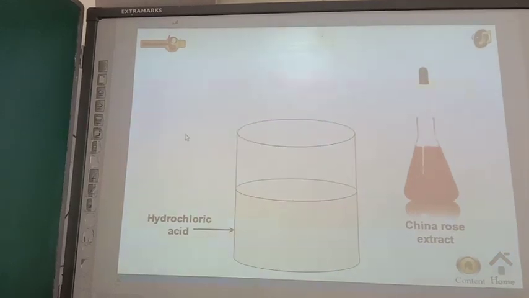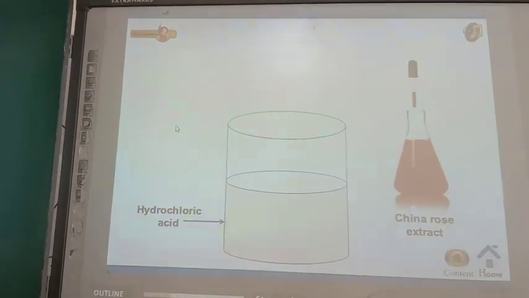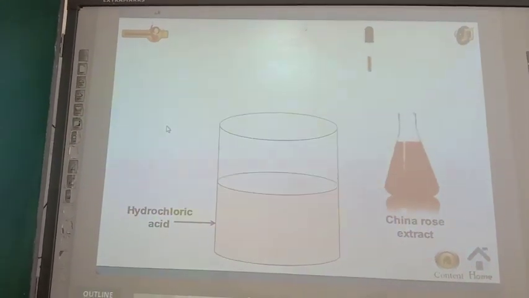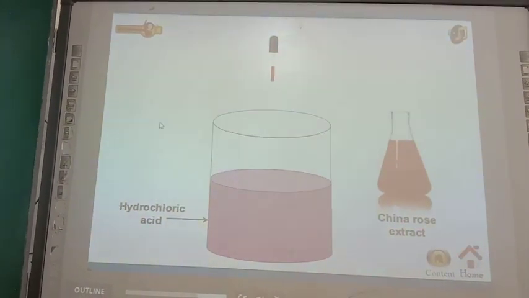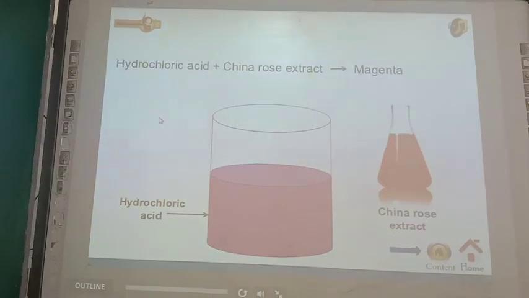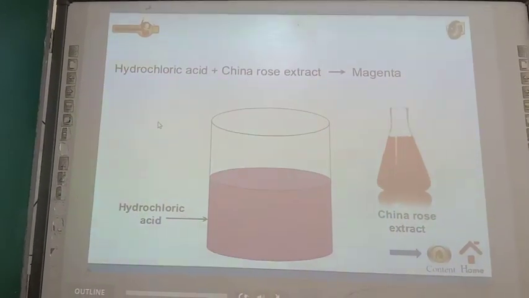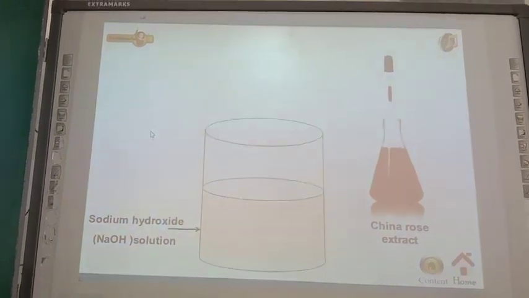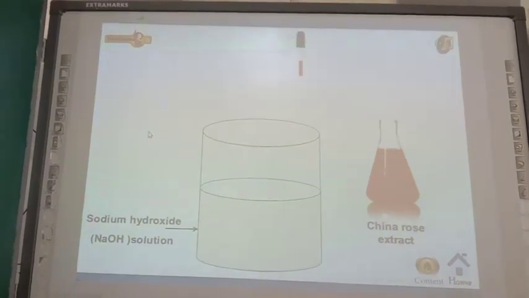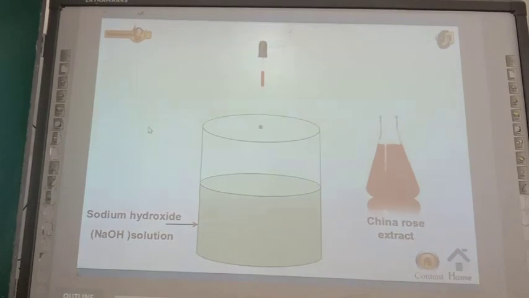On adding 2 to 3 drops of China rose extract, the acidic solution of hydrochloric acid turns magenta. On adding 2 to 3 drops of China rose extract, the basic solution of sodium hydroxide turns green.